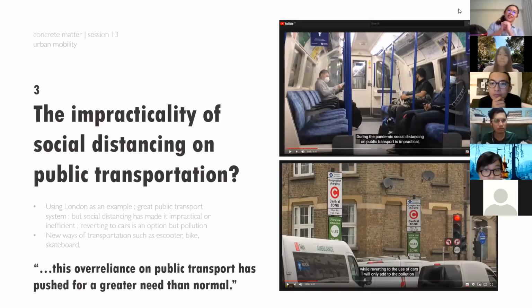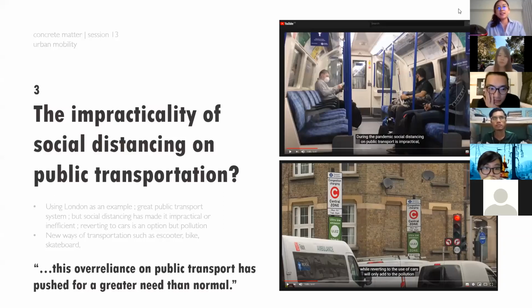One of the main points the video was sharing is the impracticality of social distancing in public transport. As we all know, social distancing, the 1 meter or 2 meter rule, has been imposed in every public transport, right? And he was highlighting that cities like London or even Singapore, with all this great public transport, having these rules makes it very ineffective or impractical.